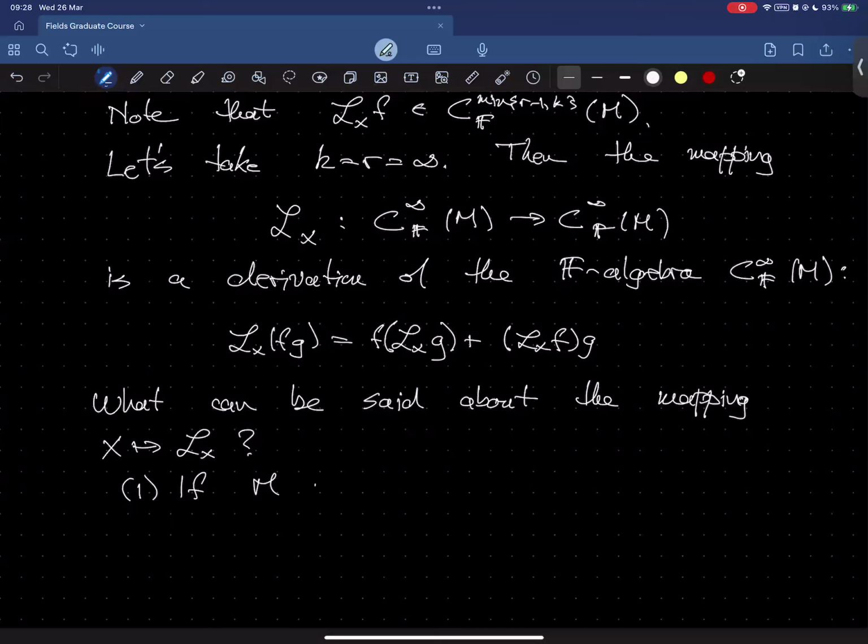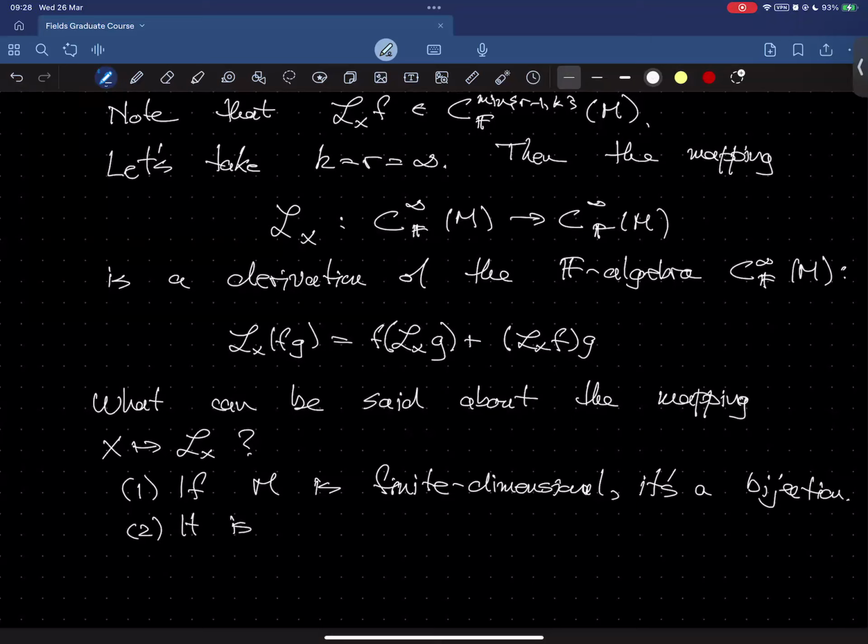If M is finite dimensional, it's a bijection. It is generally not surjective in infinite dimensions, in the same way that the association of tangent vectors to derivations at a point is not surjective.